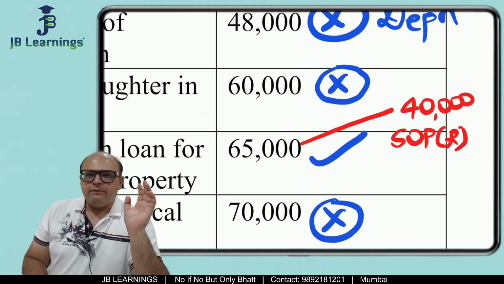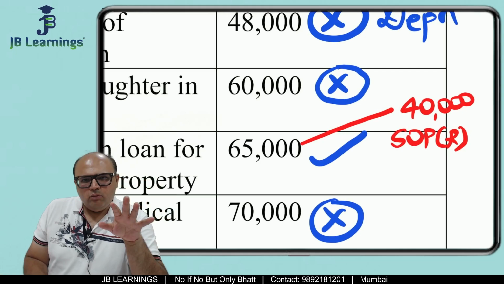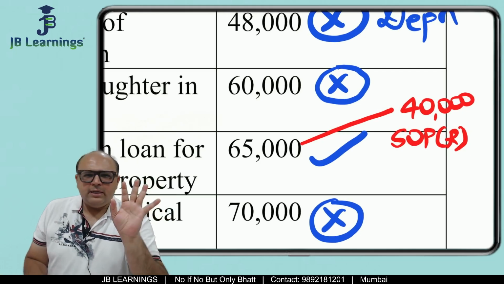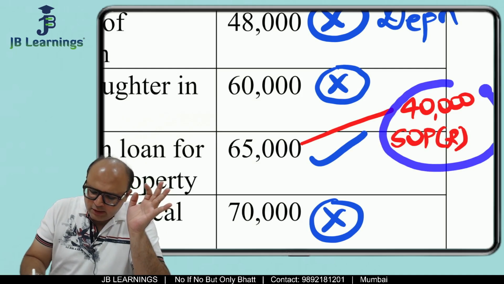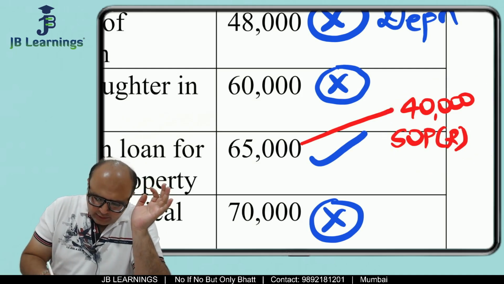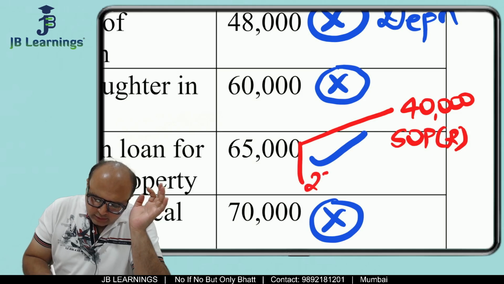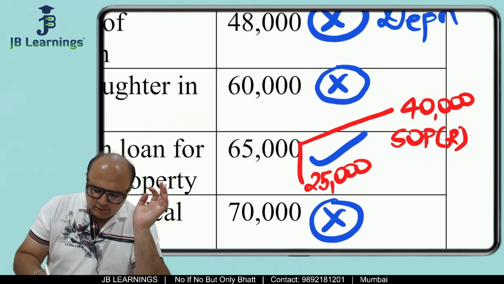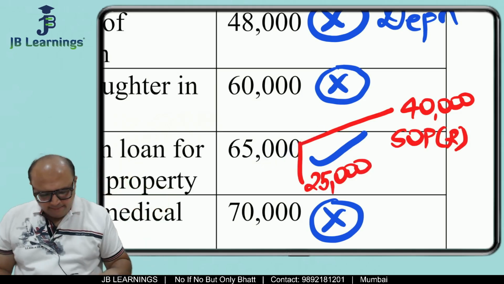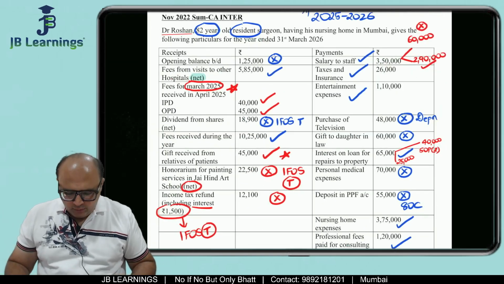Now they have not given whether the property is LOP or SOPR, but we take an assumption that it must be SOPR. So out of 65,000, 40,000 is related to SOPR. So it means now only the balance 25,000 is related to some business property, right? So 25,000 is allowed.